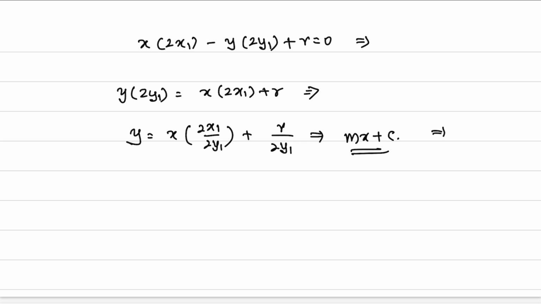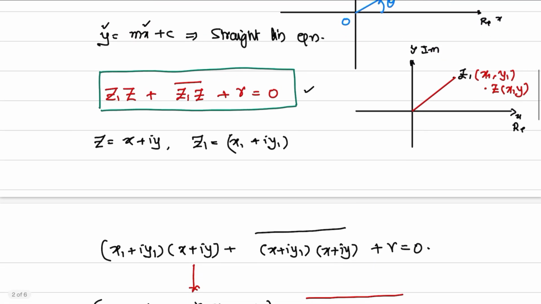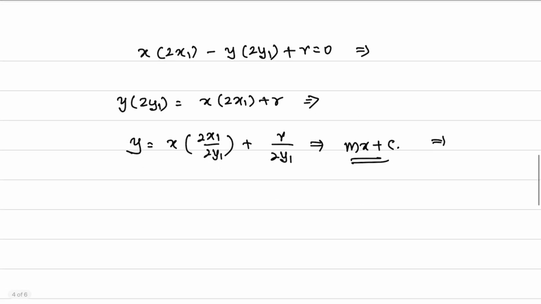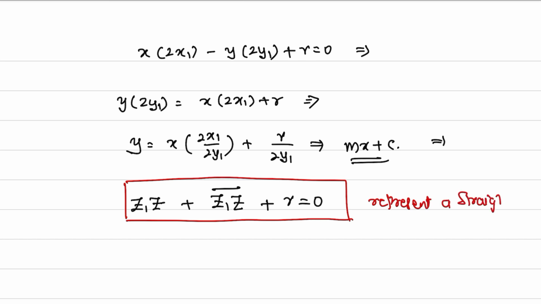Hence we have proved in the reverse direction. Z1z plus Z1z conjugate plus r is equal to 0, either way you can write, no problem, represents a straight line in complex plane.